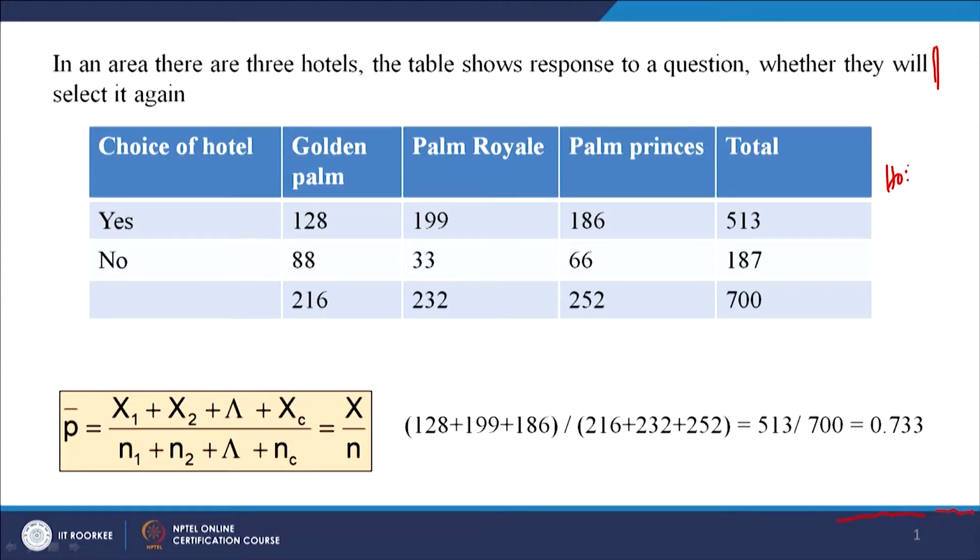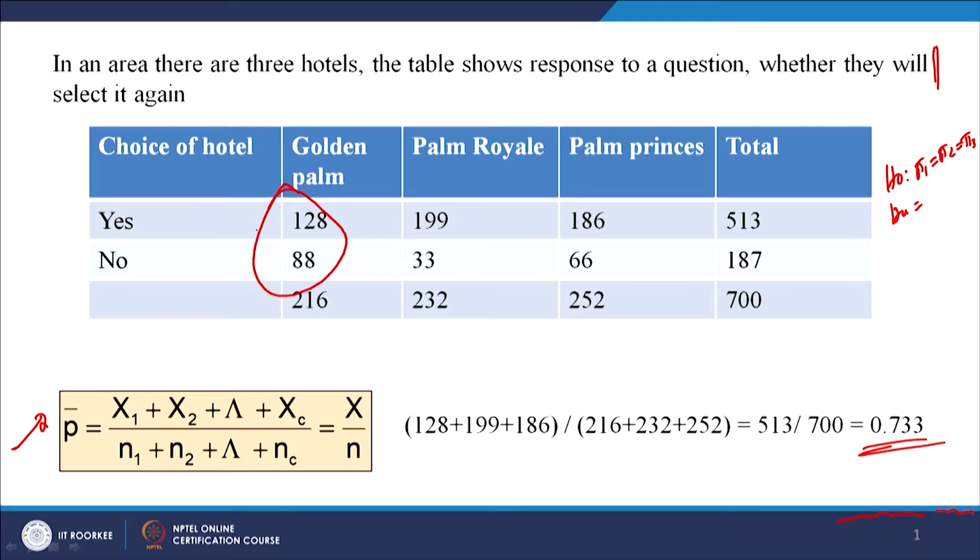So, the null hypothesis here is that the proportions are the same, right. So, pi 1, pi 2 and pi 3 are the same, and the alternative hypothesis is that one of them is different from the others. We need to calculate the overall proportion first of all, which is 0.733.